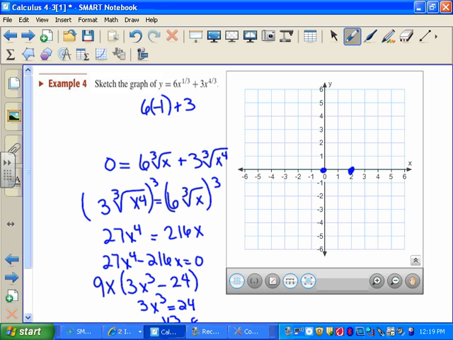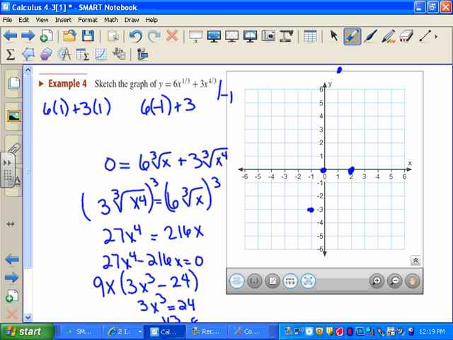So when I evaluated at -1, I'm going to get -3. So -1, -3. And then when I plug in 1, I'm going to get 6 times 1 plus 3 times 1. And I'm going to get 9.